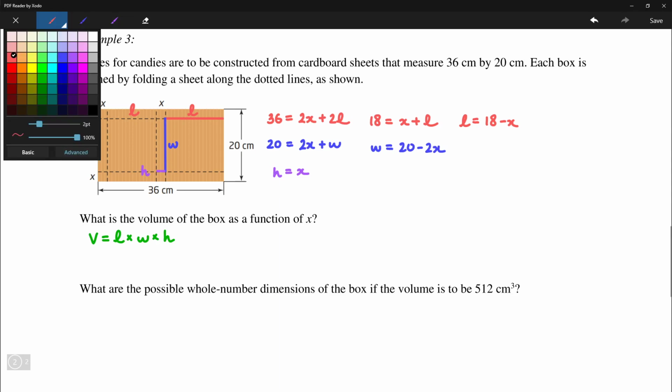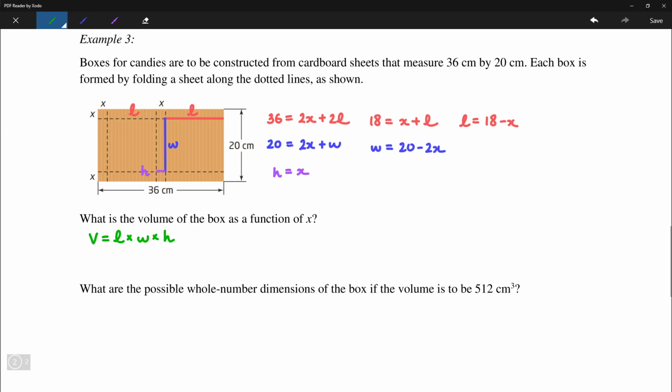So going back to the setup of length times width times height, we now have V is equal to 18 minus x times 20 minus 2x times x.